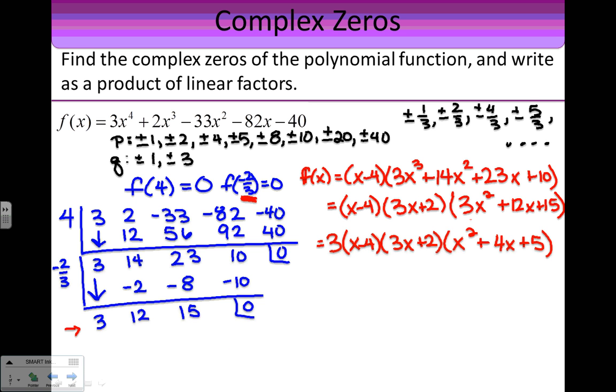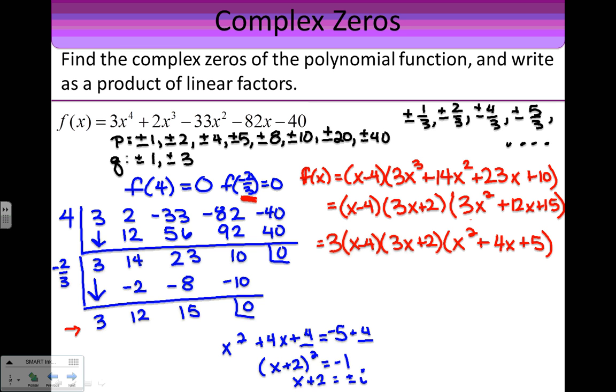So x squared plus 4x plus blank equals negative 5. 4 divided by 2 squared is 4, so I add 4 to both sides. I get x plus 2 squared equals negative 1. Take the square root of both sides, and I get x plus 2 equals plus or minus i.